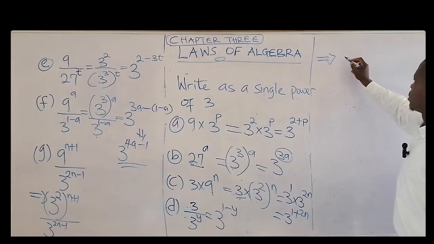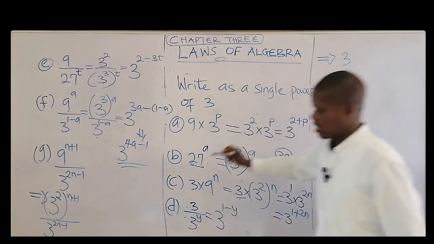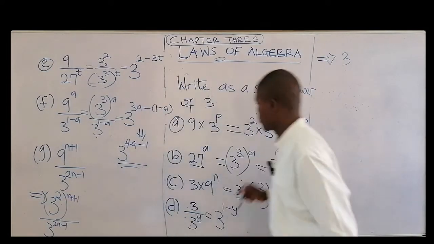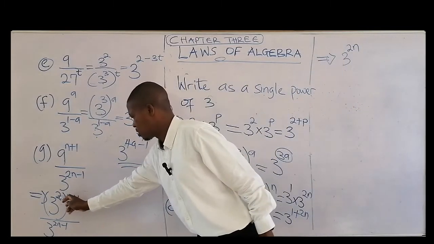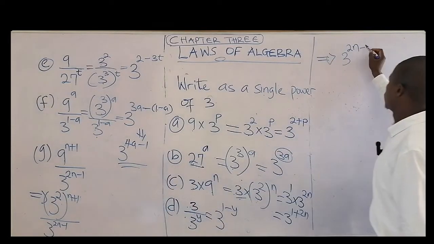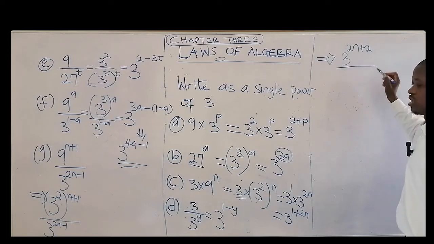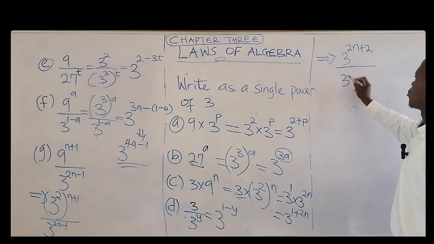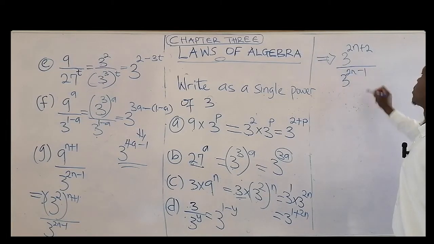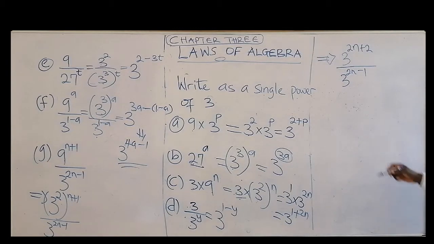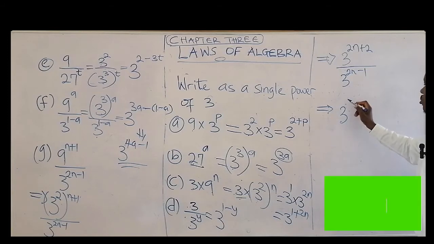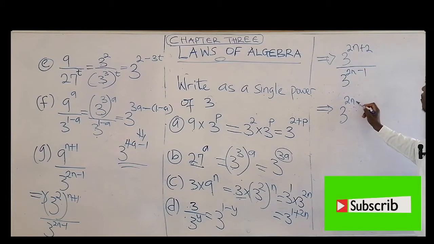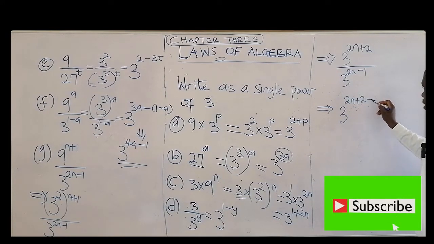For the top one, that will be 3 to the power 2 times n, that's 2n, and then 2 times 1, that's plus 2, all over 3 to the power 2n minus 1. So when your bases are the same, you pick one of the bases and you subtract the powers.